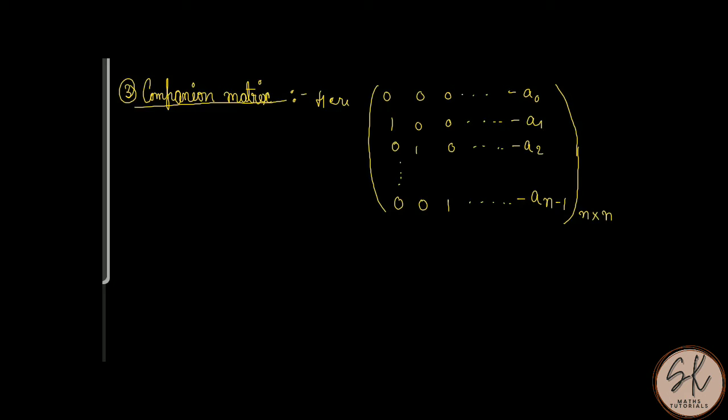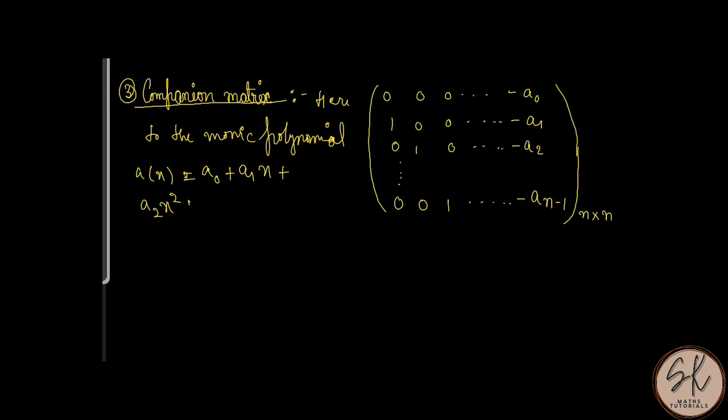So here this is the n cross n companion matrix to the monic polynomial a of x is equal to a0 plus a1x plus a2x square up to a n minus 1 into x to the power n minus 1 plus x^n.